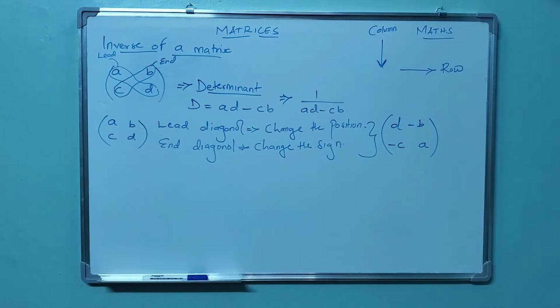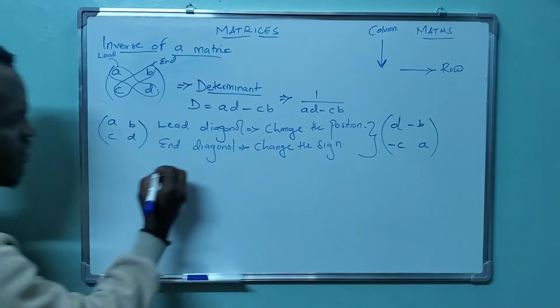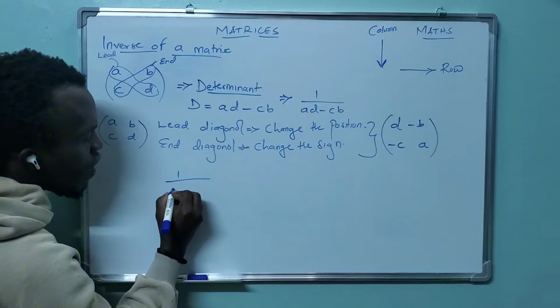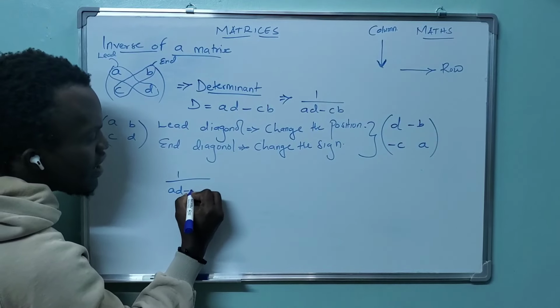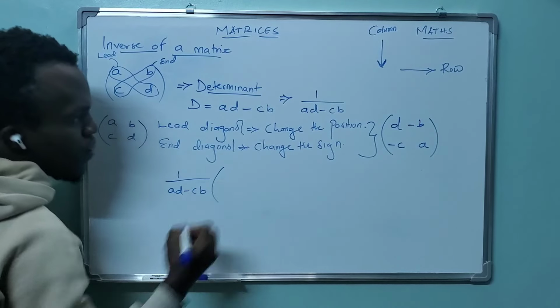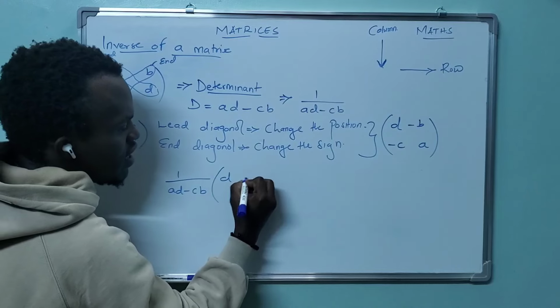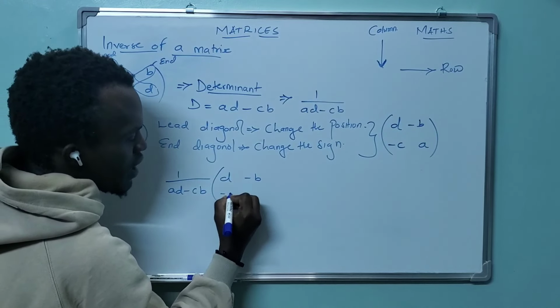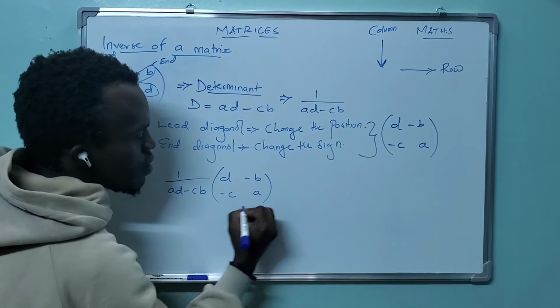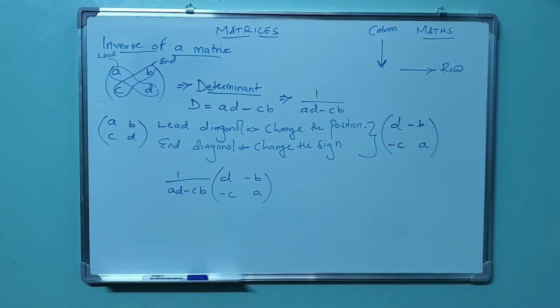Once I've done that, I'm now going to multiply the inverse of my determinant with the inverse of the matrix, which means I'm going to have 1 over AD minus CB multiplied by the matrix D, negative B, negative C, A. So that is going to be my general formula for getting the inverse.